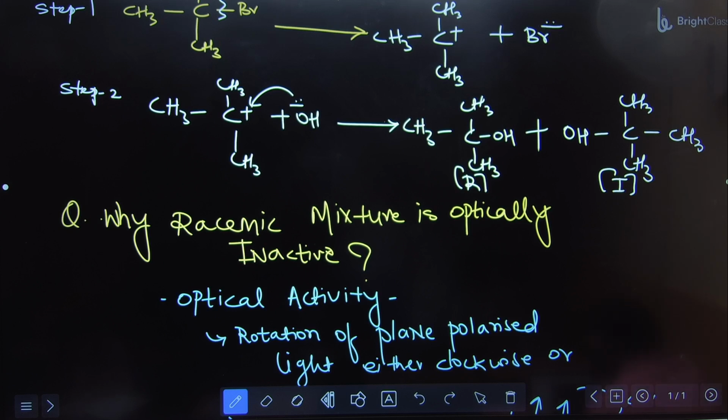So their rotations will also be opposite. So it's like one will be dextro, one will be levo. So overall net rotation will be zero. Is it clear? Avantika, you clear? Okay. So guys, now we will do the next question.